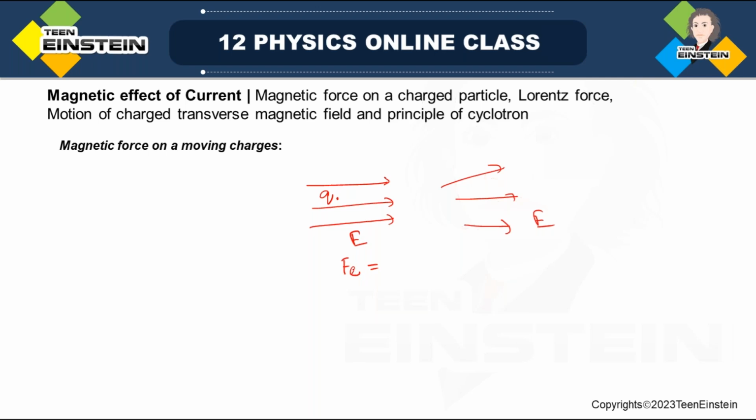This small a suffix a means electric force, that is q into E. In both cases, this will be q into E, but this force, anyway, will be variable force. So this is the electric force. Electric force is experienced by a charged particle when it is at rest, or if it is moving also, the same force will be acting on it.